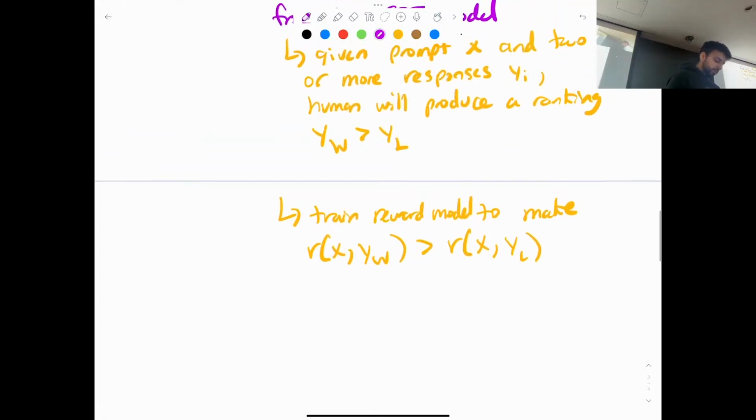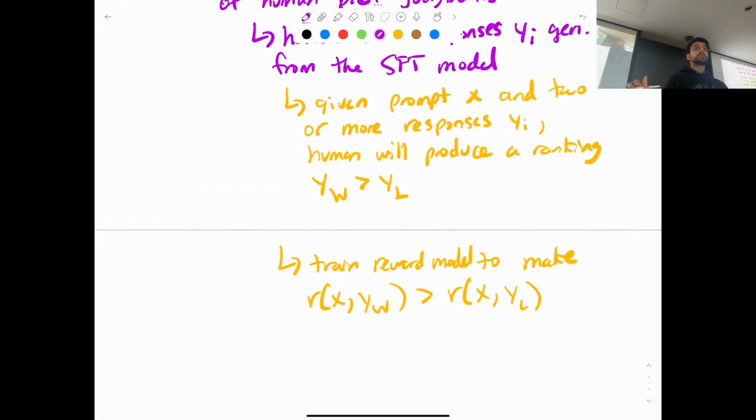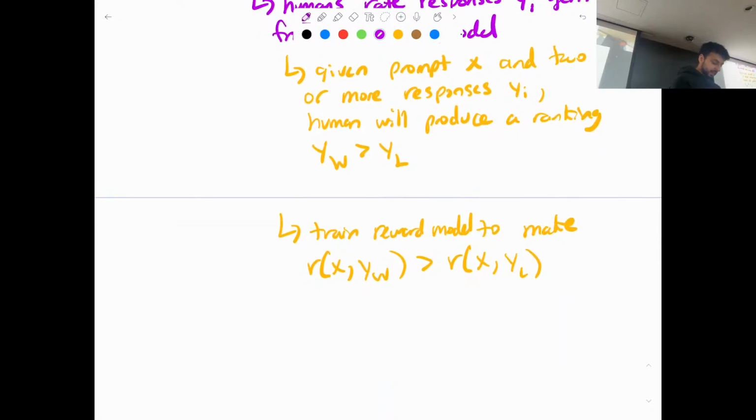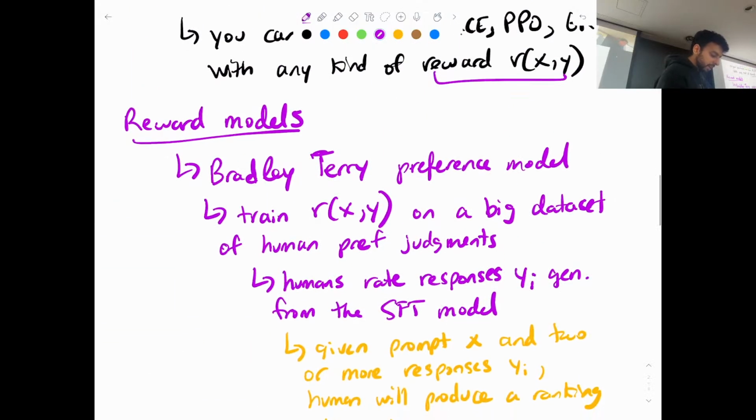Okay, so this was the reward model, and it's set in contrast, now that we've talked about it, to verifiable rewards. Here, I want to make this distinction between RLHF, which is reinforcement learning from human feedback.